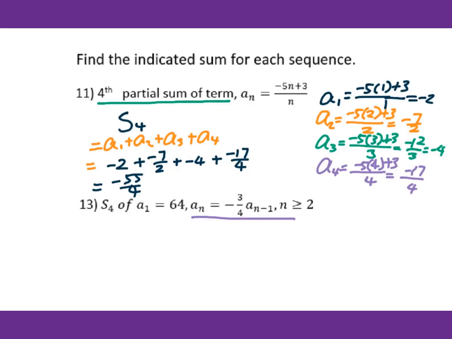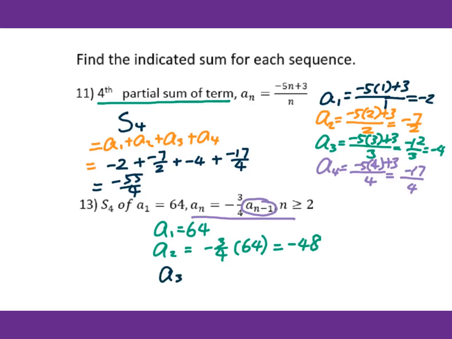For number 13, the formula is a recursive formula. That means your term is always negative 3 over 4 multiplied by the previous term. So we got a sub 1 equals 64. A sub 2 equals negative 3 over 4 times 64. You get negative 48.